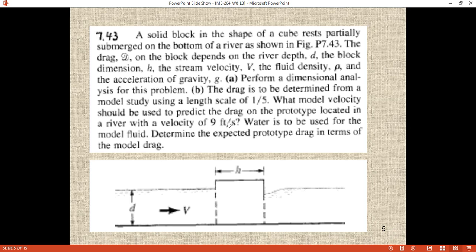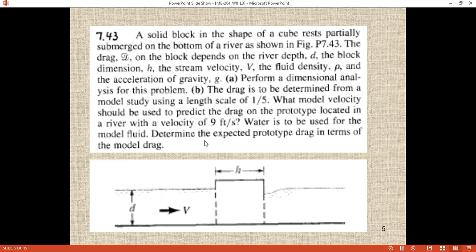So we have to determine the drag force on this block, on the prototype. The river velocity is given as 9 feet per second in the real condition.